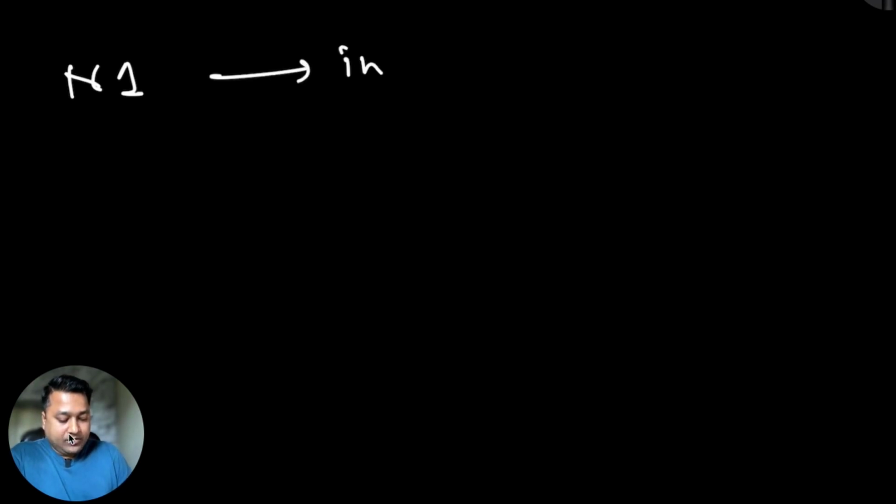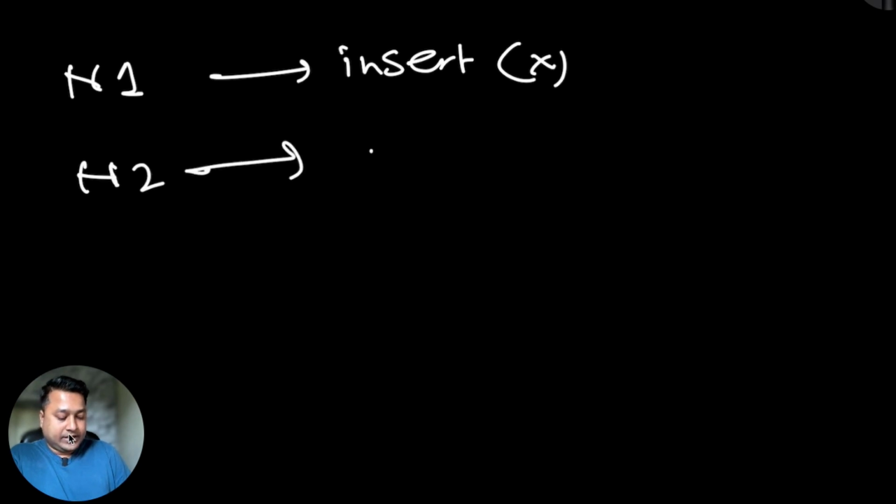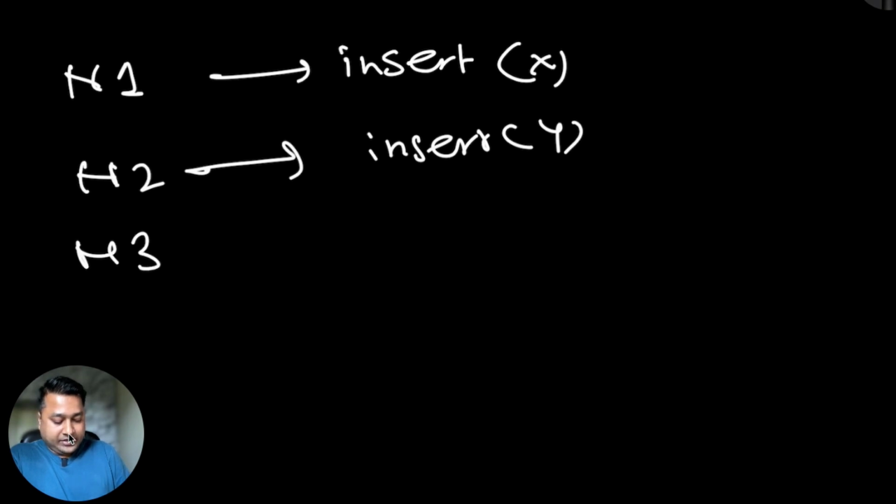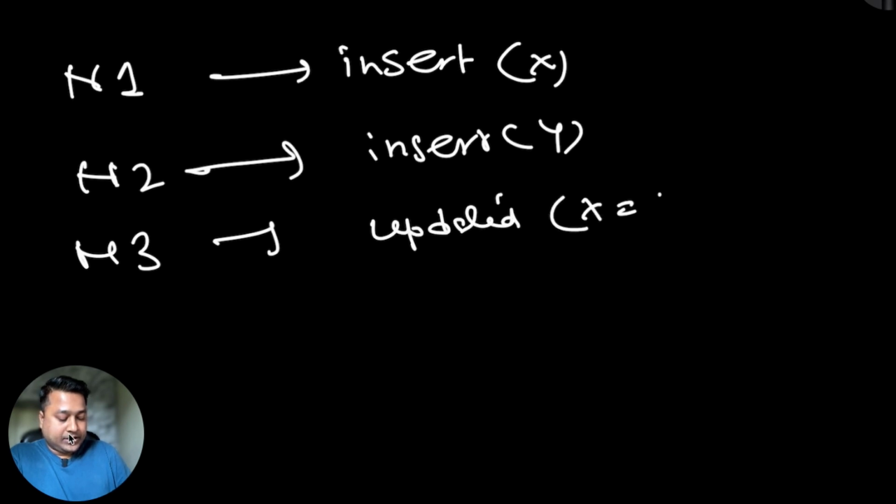now let's say there is one operation that happens at N1, right? N1 inserts a record X, right? And then in N2, node 2, let's say it also inserts record Y, and then N3, let's say, updated X is equal to 10, right?